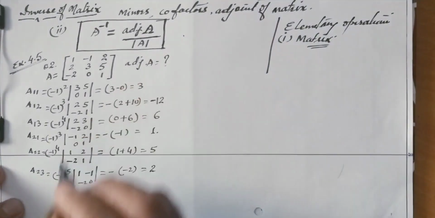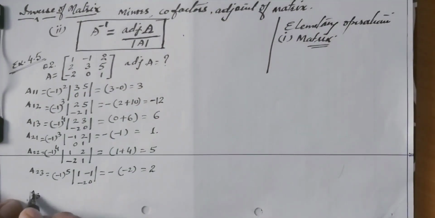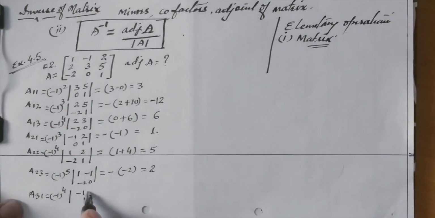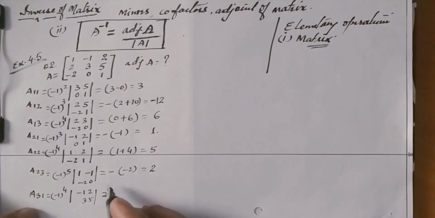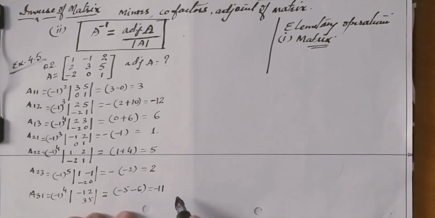Now the last row we are starting. So that is this 3 1. A31 is equal to minus 1 to the power 4. 3 1 means minus 2. So leaving this way, minus 1 2 and 3 5, which is equal to plus 1 times minus 5 and minus 6, which is equal to minus 11. Minus 5 and minus 6 is equal to minus 11.